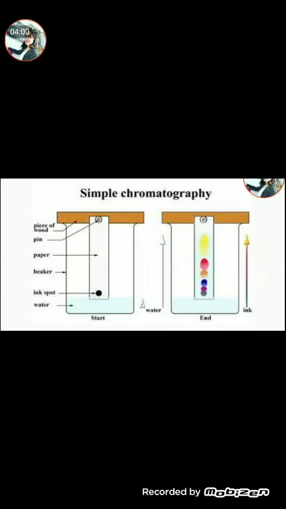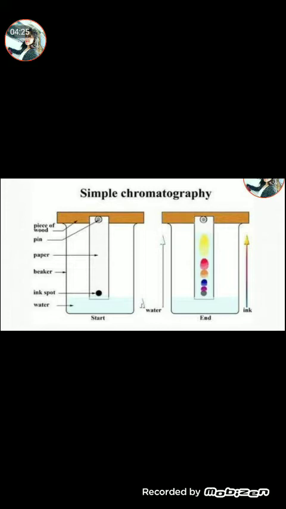You can see that in this way we will observe the different colors after chromatography, and the color which has the denser particles will be lower on the filter paper, and which is less dense will be higher up. And in this way we can separate the different colors from spinach, that is palak.